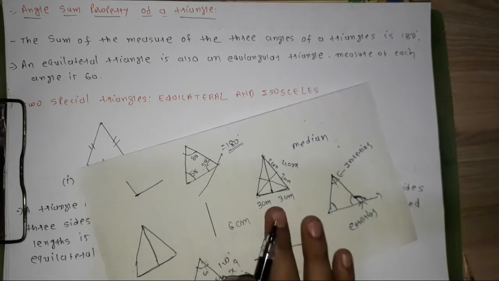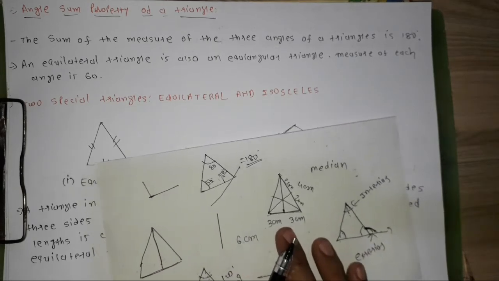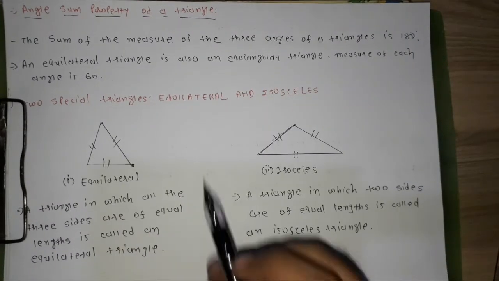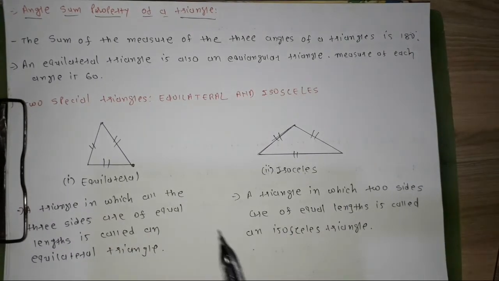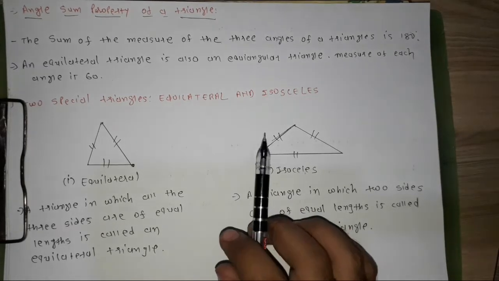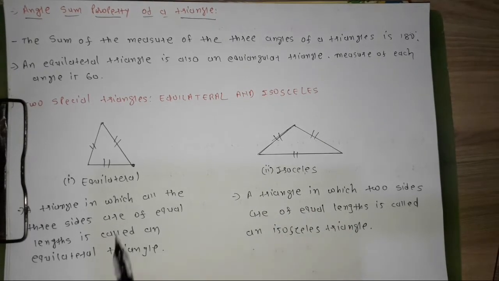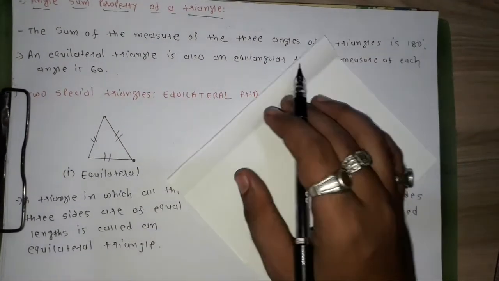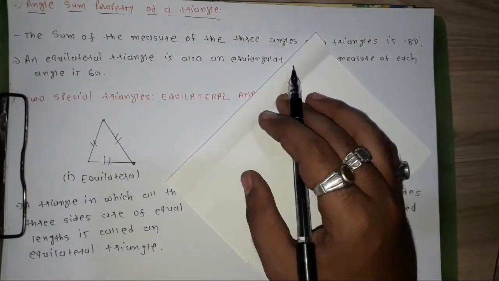Now the next one is two special triangles. Special triangles means two triangles are given. The first one is equilateral and the second one is isosceles. As you see in the figure, equilateral triangle, as the name suggests, equi means equal.